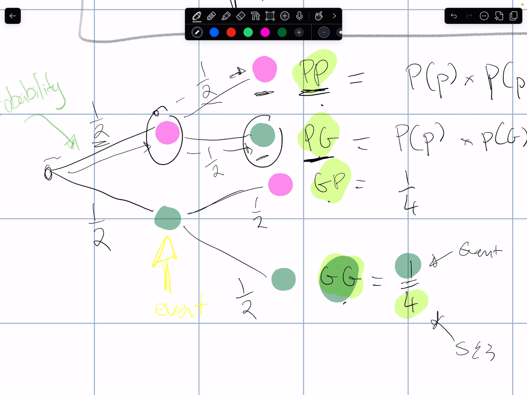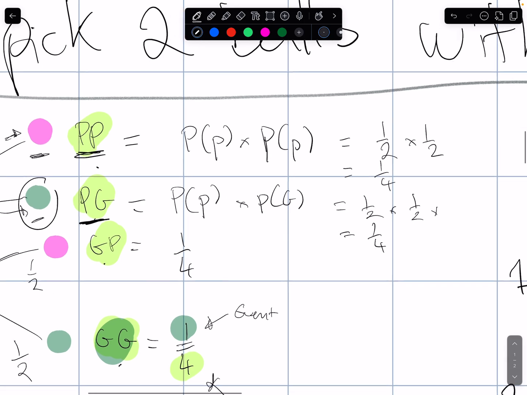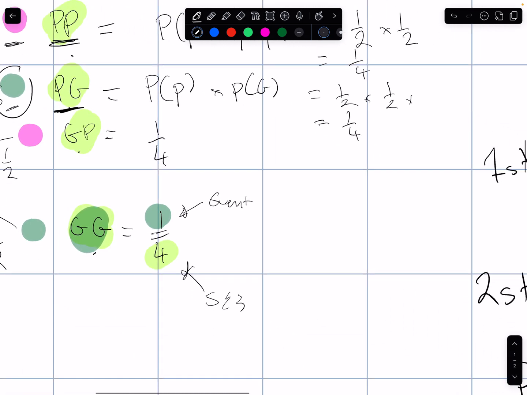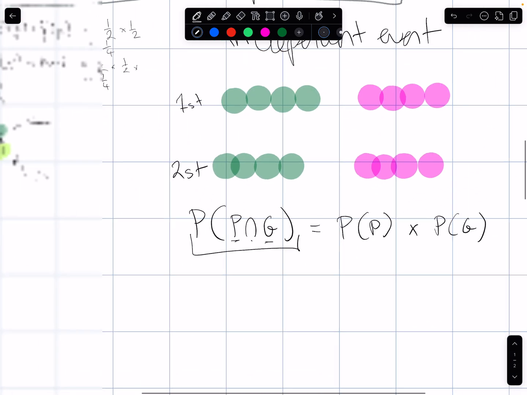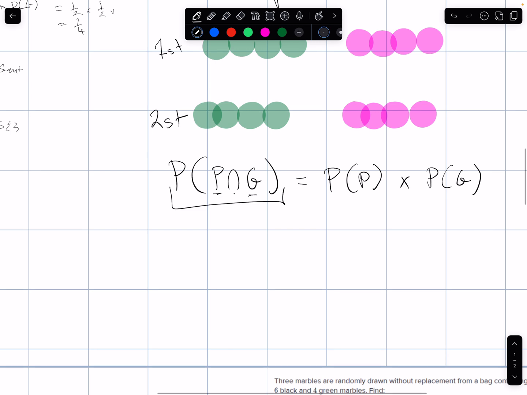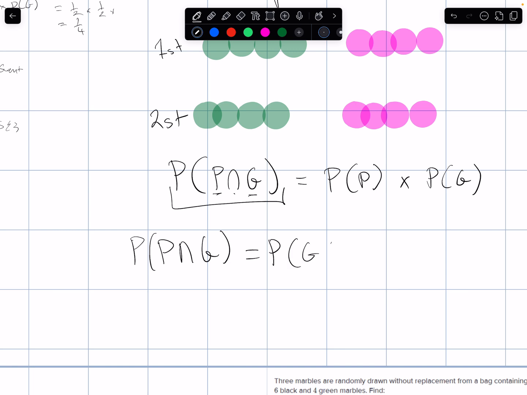Okay. Now, we calculated it before. The probability of pink and green, in fact, go over here. We know that the probability of pink and green is a quarter because we can say this. Probability of pink and green means the probability of getting pink then green, right?